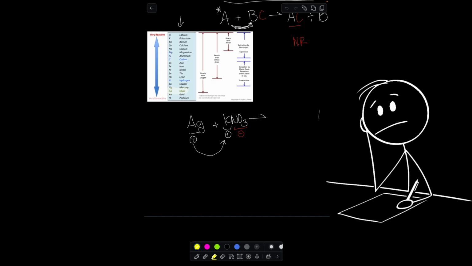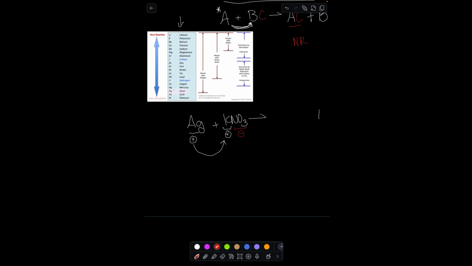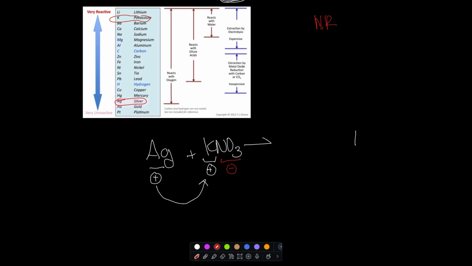Maybe what I'll do is circle them, or we'll just circle them in red so we can see Ag is right here as opposed to K, which is up there. Now, as you can see, because Ag is lower than K, this cannot happen. There will be no reaction.